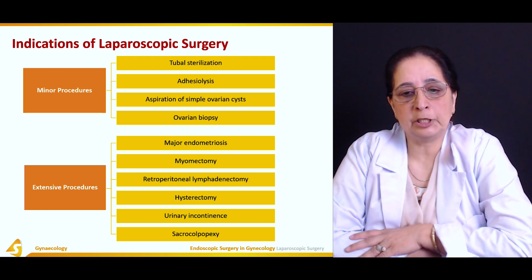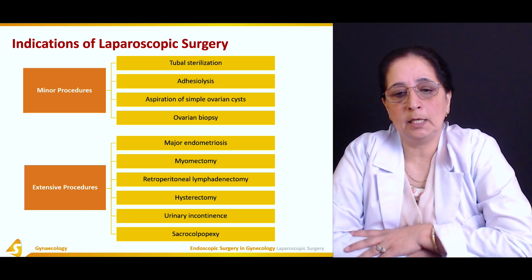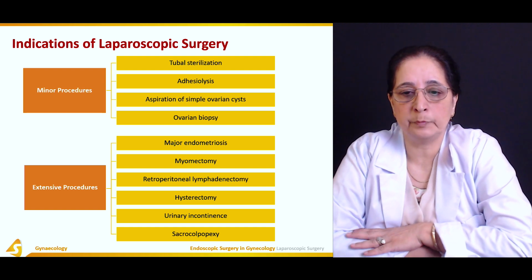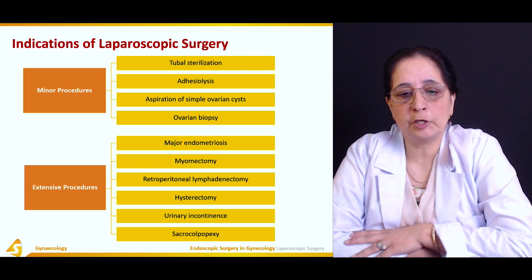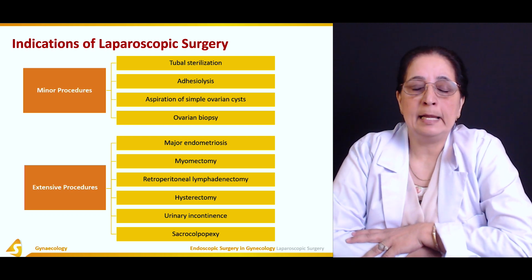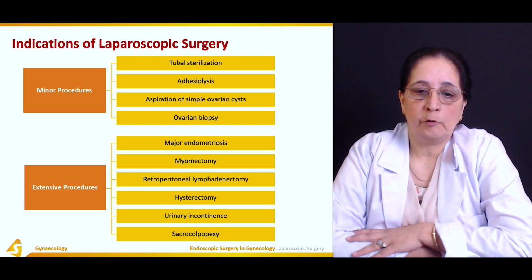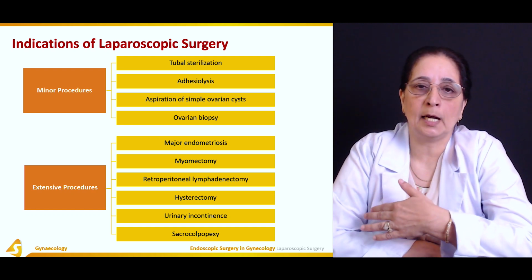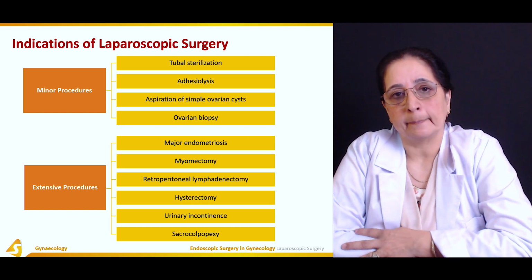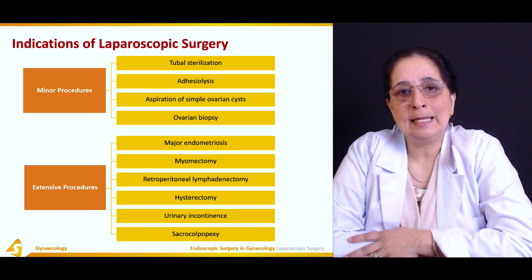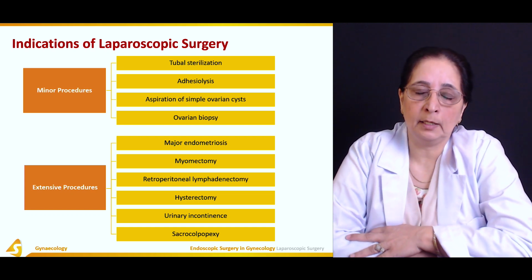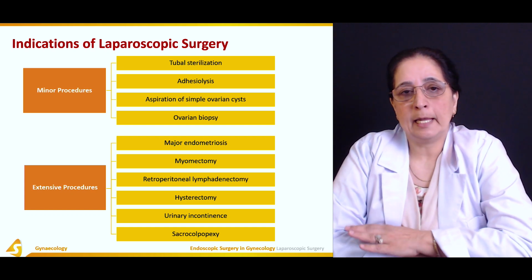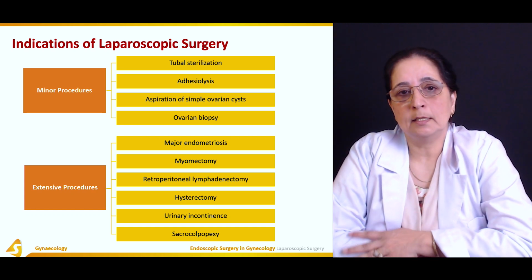Then myomectomy. Myo is the muscle, so myomectomy is removal of the muscle tissue. And then there is retroperitoneal lymphadenectomy. Retroperitoneal means behind the peritoneum. The peritoneum is the lining of the abdomen that covers all the abdominal organs like liver, intestine, stomach.